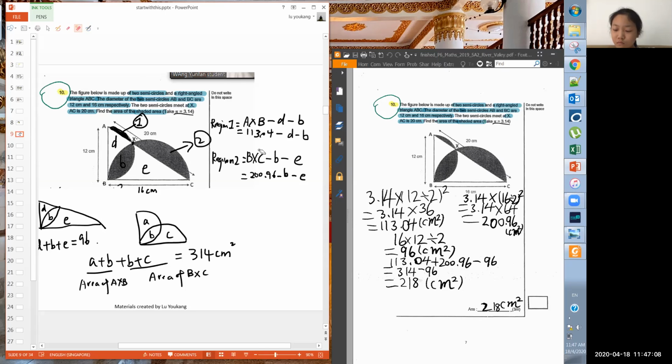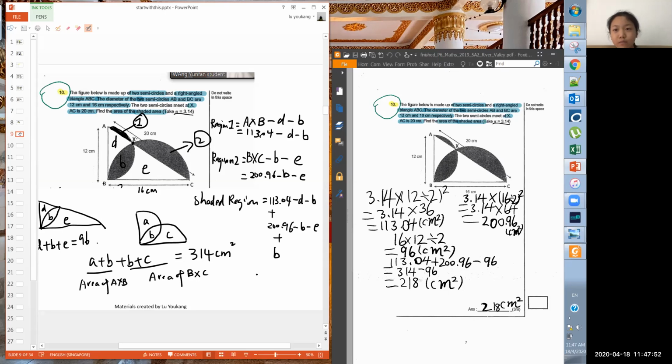Okay, so now the question is quite simple already. Why I say so? Because now this is your B, right? So that means your shaded region is equal to region 1, which is 113.04 minus D minus B, plus region 2, 200.96 minus B minus E, plus your B, right? Can you see your B?